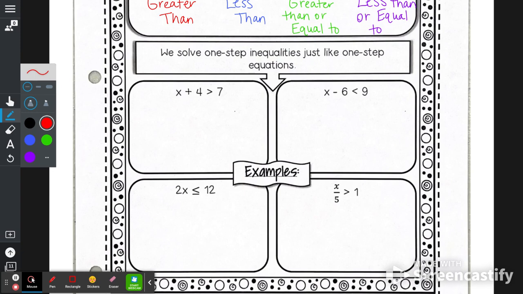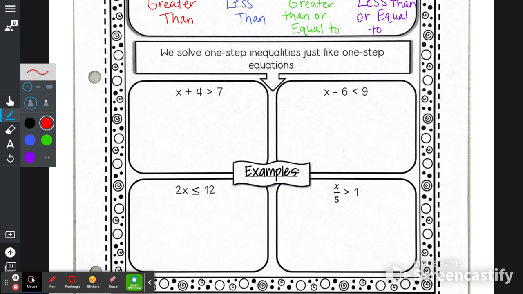And we have previously talked about doing one-step equations. And keep in mind that whenever we are solving for x, think of it as like a puzzle, okay? We're going to take it apart slowly, step by step. We're going to start at the bottom of our PEMDAS, at the bottom of our order of operations.